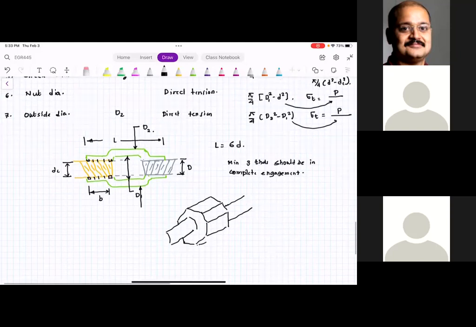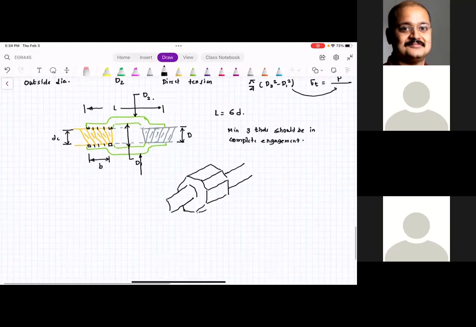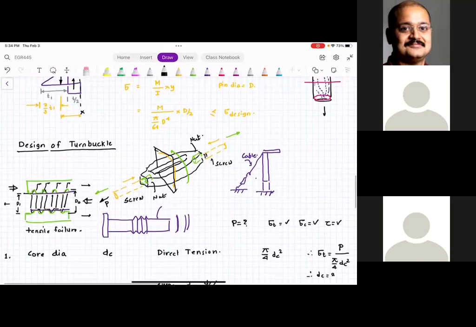For example, this turnbuckle is used for simple applications when the loading is not high, and you can actually use a wrench and tighten the turnbuckle. But if you need to support high loads, then perhaps you need to insert a bar through these two and rotate the turnbuckle. If you look at the turnbuckles that are used near the power lines, they would be something like these.